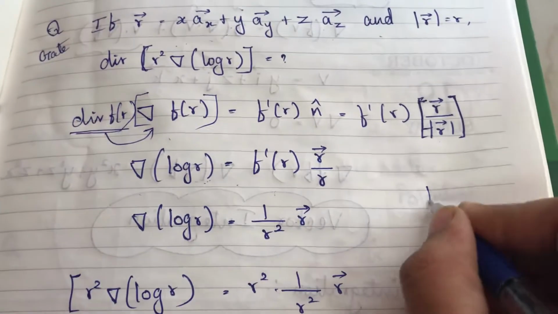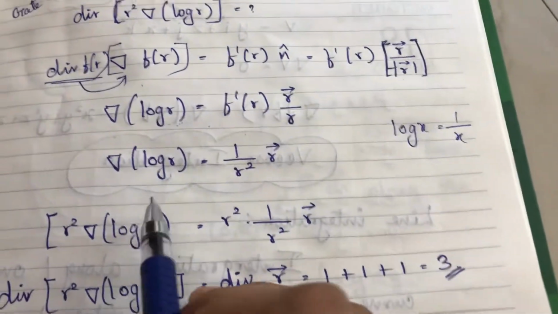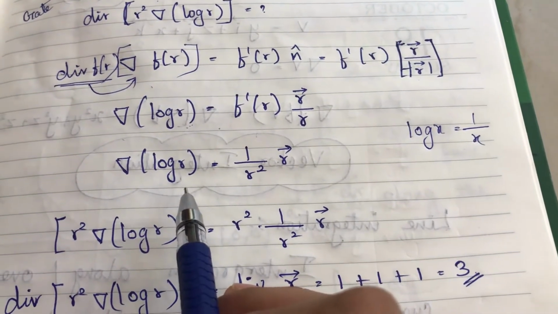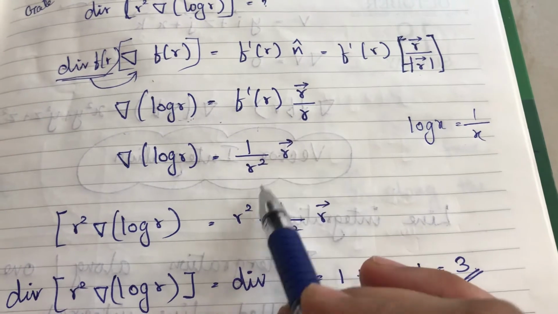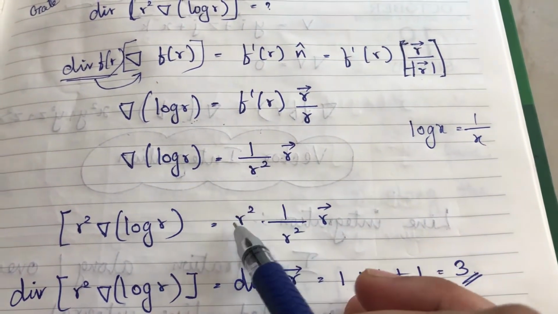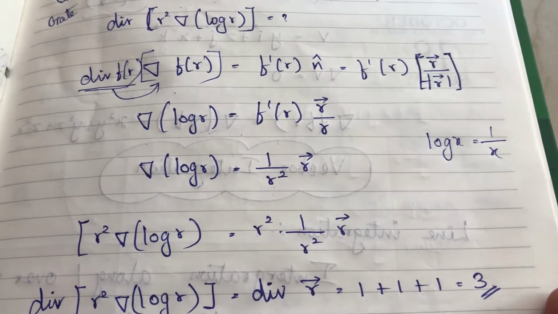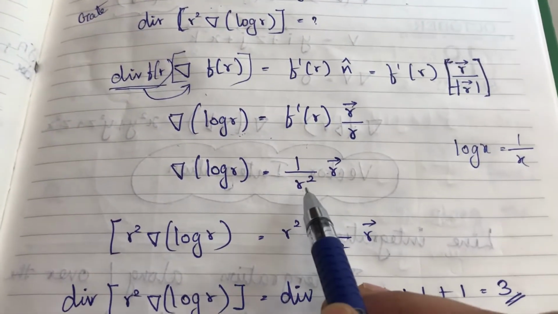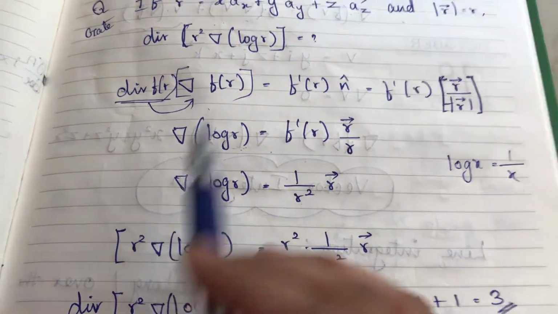If we differentiate log x it will give 1 by x, right? So likewise log r means 1 by r. You can see here the another r is here, so I just multiply it, 1 by r square into r vector. So I am just taking this r vector here. So if I take r vector here, I will get this value, right?